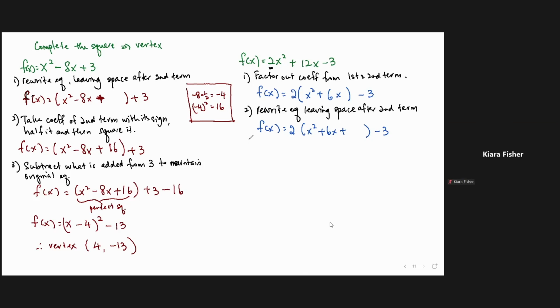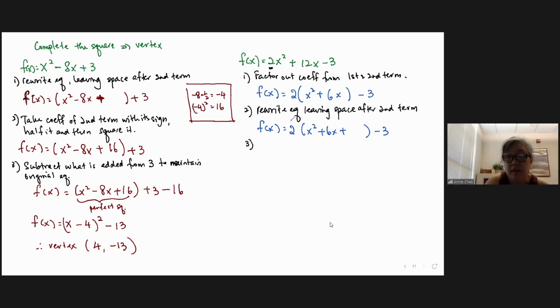Yeah. Okay, then we do the same thing as if there's no coefficient, because it doesn't matter what we factored out here, right? So I'm going to take the coefficient of the second term, half it, and then square it.